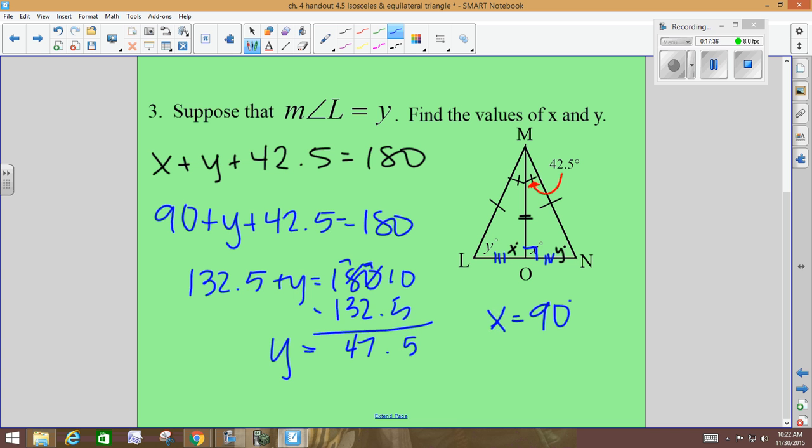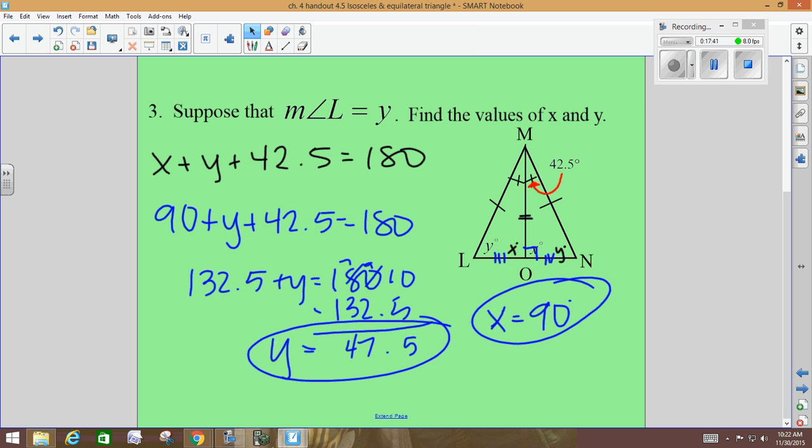Okay. Good. So there we used a combination of proving 2 triangles are congruent by side angle side, then CPCTC to put the x's and the y's where they go, triangle sum theorem, all 3 angles add up to 180, and then today's theorem. You could have also said x plus x has to equal what?